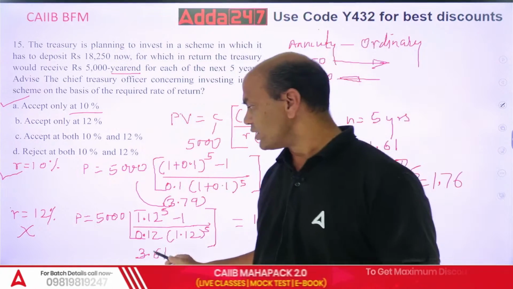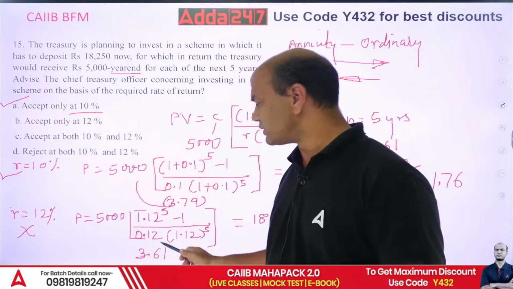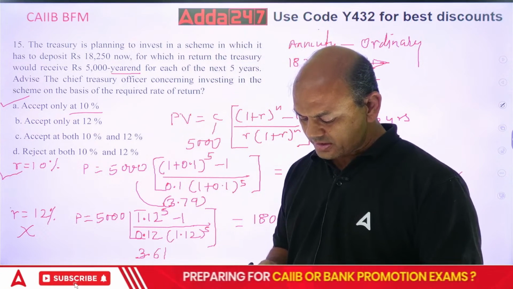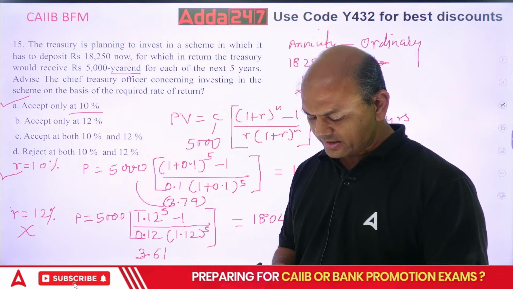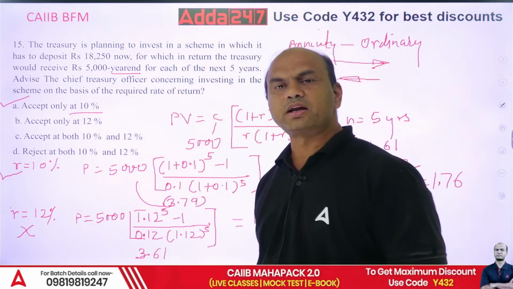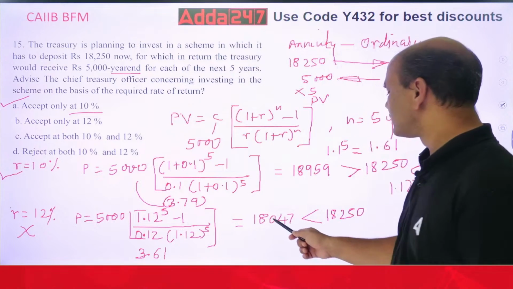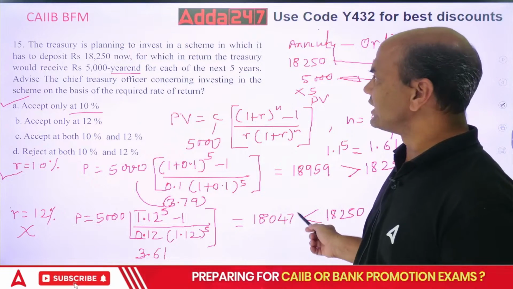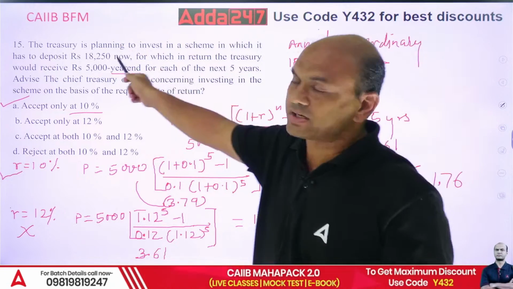So multiply this 5000 into 3.61. What are you getting? I am getting 18047. Now this is less than 18250.